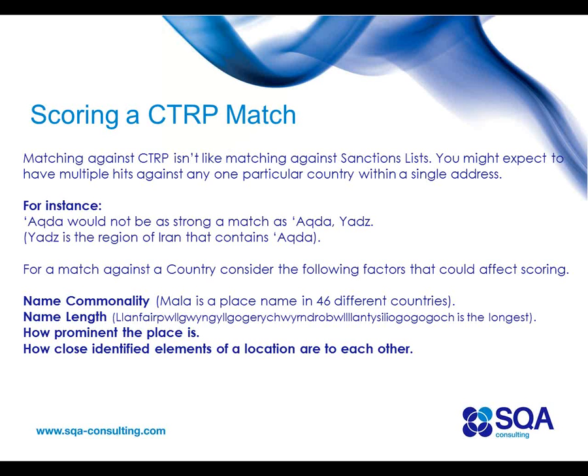So what kind of factors could affect this scoring to give me a relatively good or bad feeling that we've got something going on in one of these countries? Well, if I've got a very common name, and there we looked at Preston, which is a town name in many countries, then that's obviously going to cause an issue.